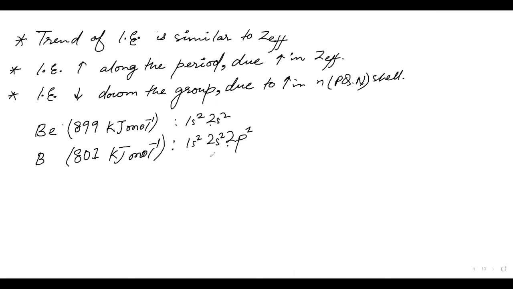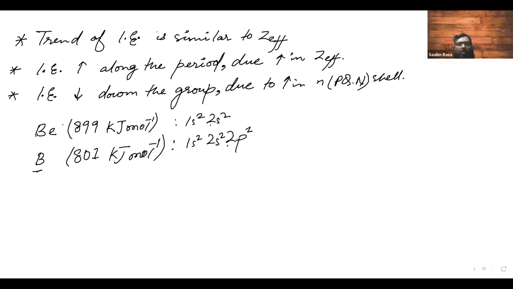S, correct? And hence it will go easily from p, and with difficulty from s. Hence beryllium has higher ionization enthalpy than the boron atom, because the shell numbers are the same.